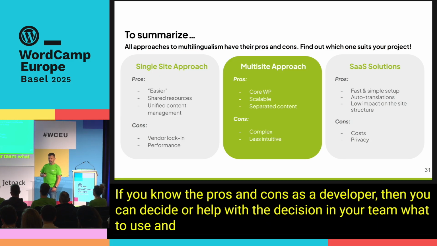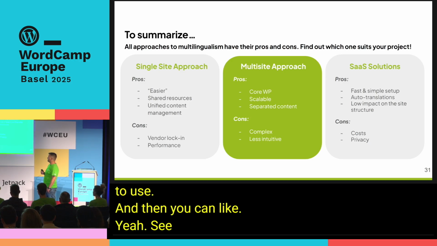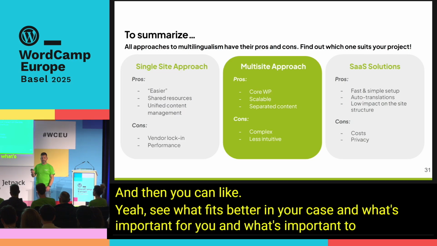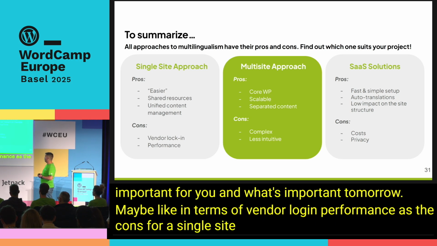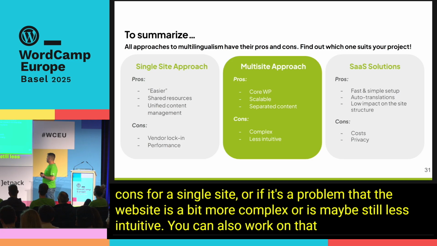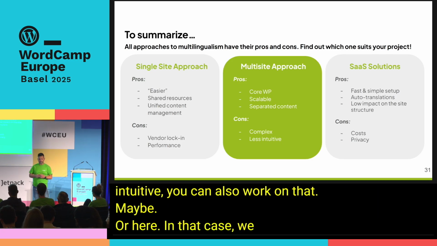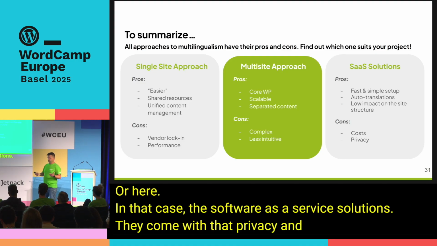Then you can see what fits better in your case and what's important for you and tomorrow, maybe, in terms of vendor lock-in, performance as the cons for the single site, or if it's a problem that the website is a bit more complex or still less intuitive, you can also work on that. Or in the case of software as a service solutions, they come with that privacy and probably a high cost issue.